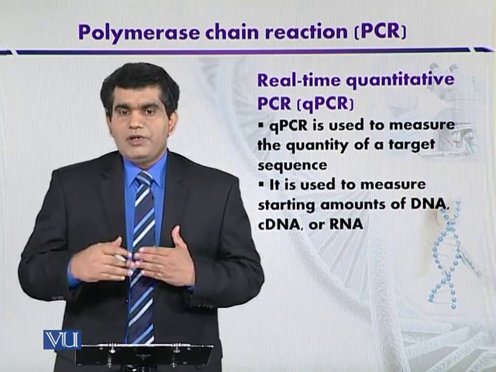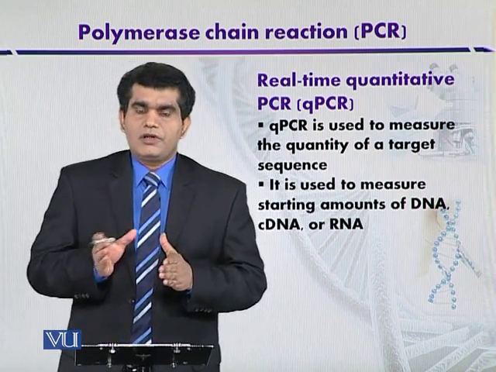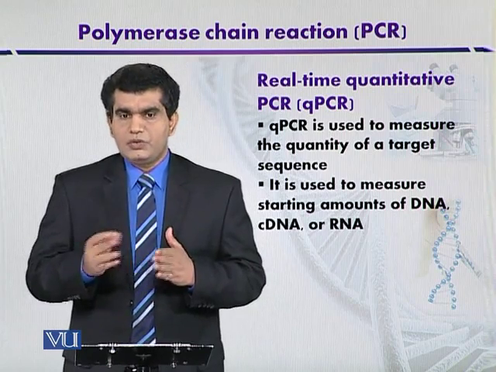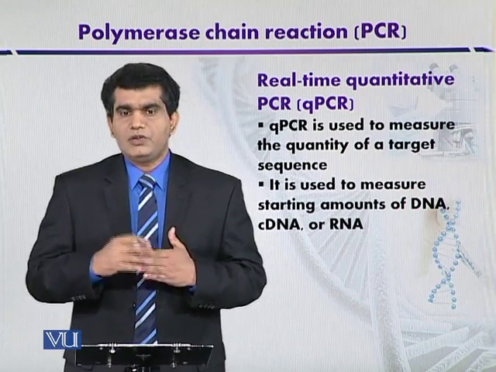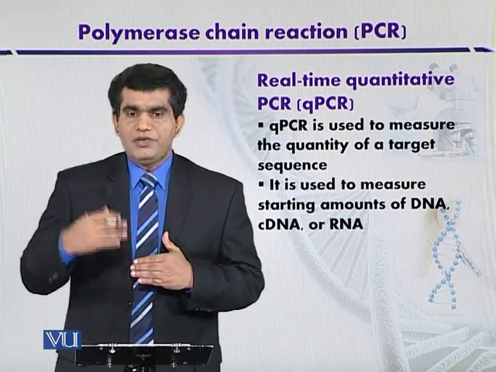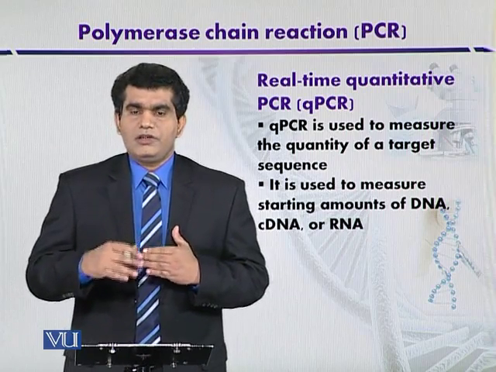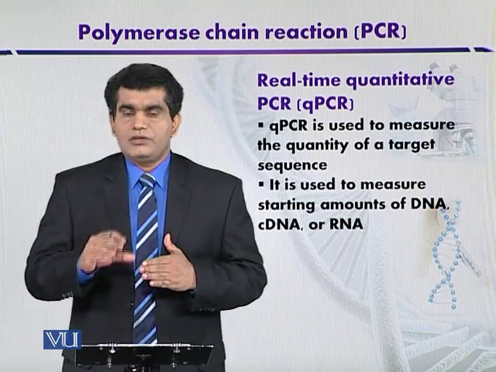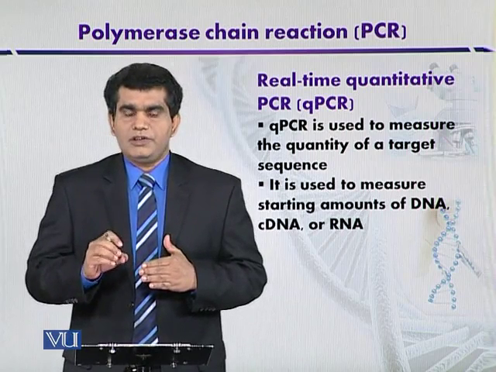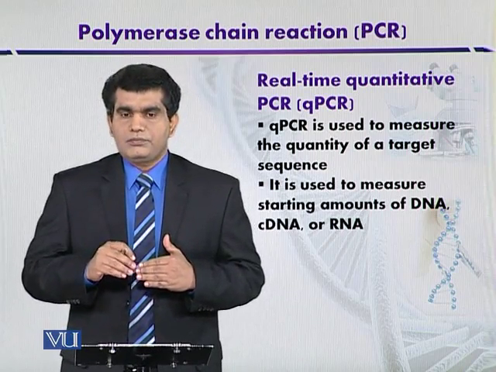So it can be combined with the conventional thermocycling procedure so that we can introduce the fluorescent dye to develop the RT PCR, so that we can know the concentration of the DNA molecule at a particular step.